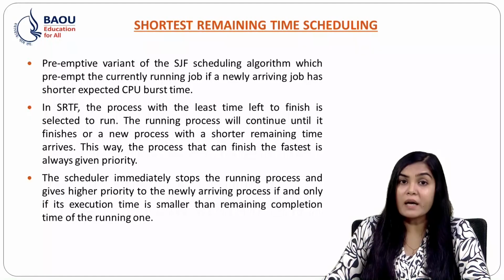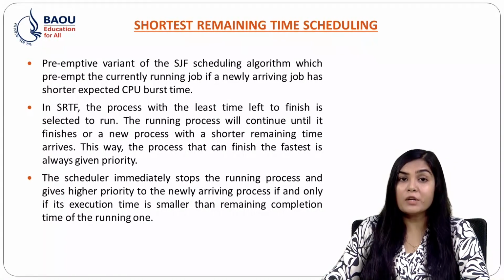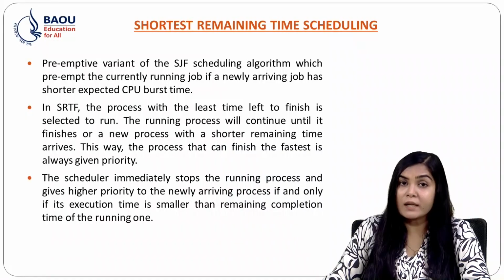It operates by comparing the time left for completion of the running process with the total execution time of a new process. The scheduler immediately stops the running process and gives priority to the newly arriving process if and only if its execution time is smaller than the remaining completion time of the running one.